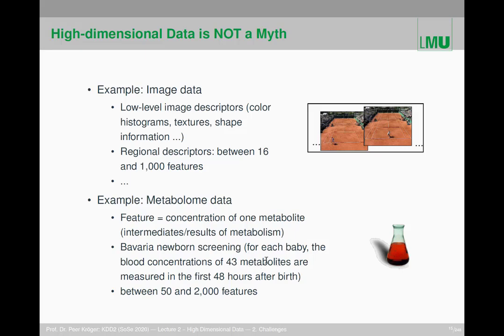But we found out that not all of those metabolites are responsible for a given metabolic disease. Some are responsible for disease A, and another subset of the metabolites is responsible for disease B. So very similar to the baby shape game, actually.